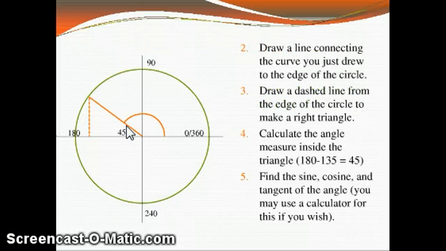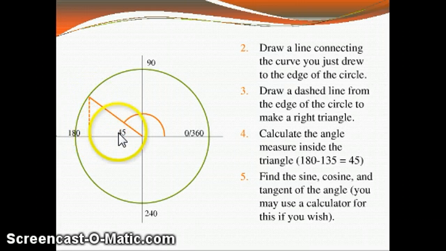So, once you have your curve, you will draw a line that's connected to your curve and the edge of the unit circle. And this will be the hypotenuse of our right triangle. And then you will draw a dashed line down to the x-axis. It can be whole if you want, but it's typically dashed to show that it's not actually there, it's just helping us solve the problem.